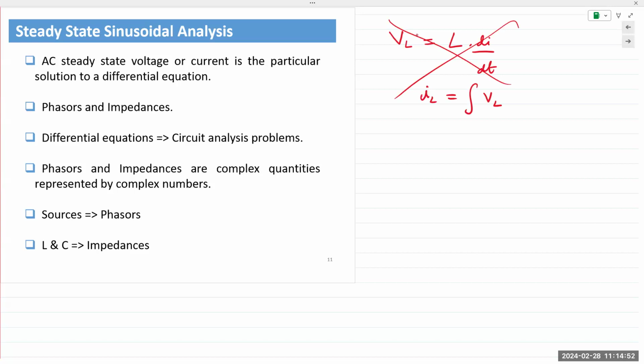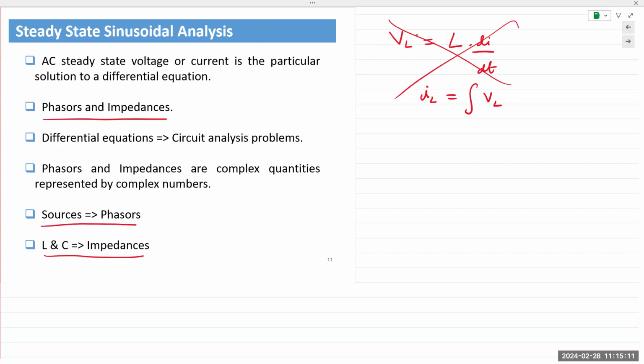We would simply apply Ohm's law, except the Ohm's law would now be using complex numbers. That's it. So we represent sources with phasors and inductors and capacitors with impedances.